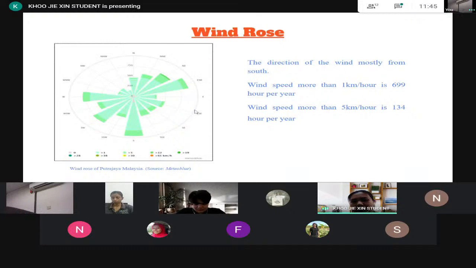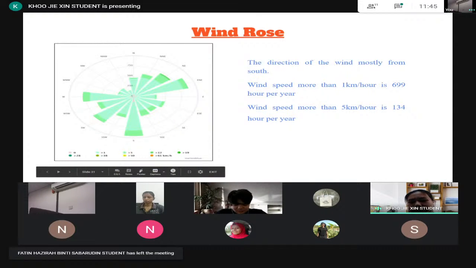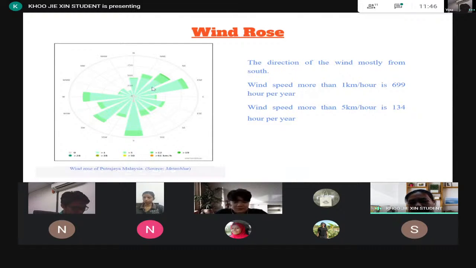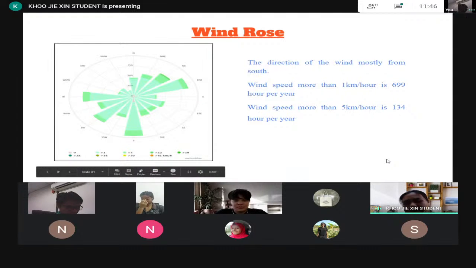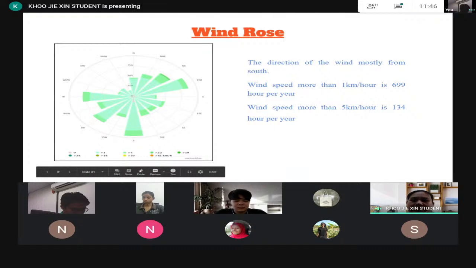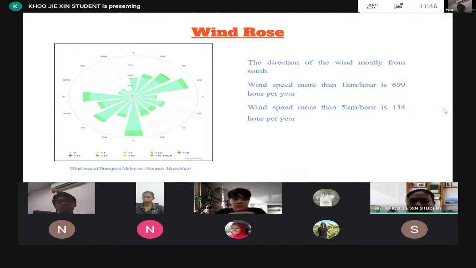Over here the wind speed of more than 1 kilometer per hour is 699 hours per year for the south direction, as you can see from the wind graph, and 5 kilometers per hour is 34 hours per year. This is the data from Meteoblue. So I will proceed to the next one.